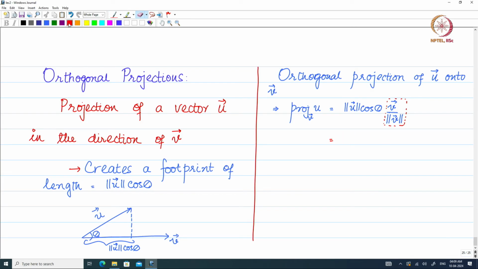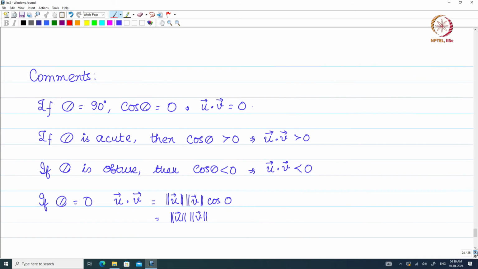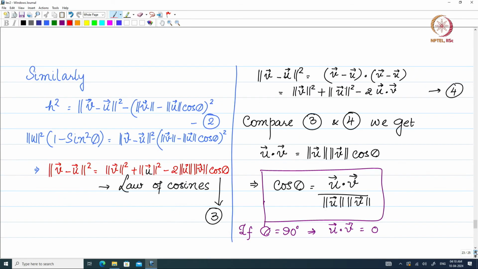We already know cos theta. Let us write that. So, I am going to have u, and how did we define cos theta? We had it here, u dot v divided by length of u into length of v.